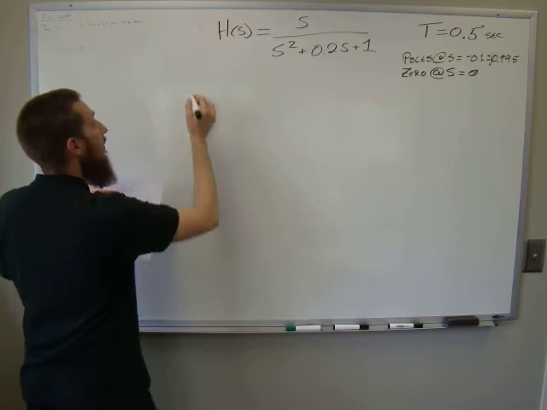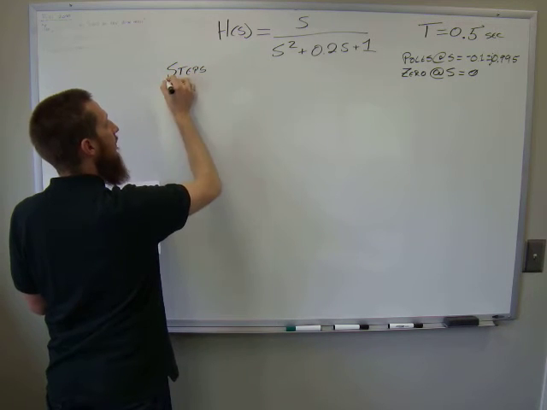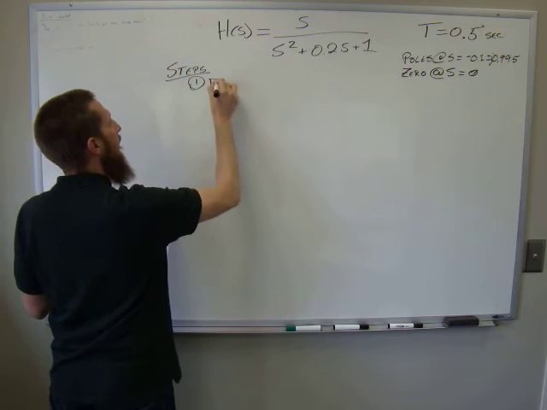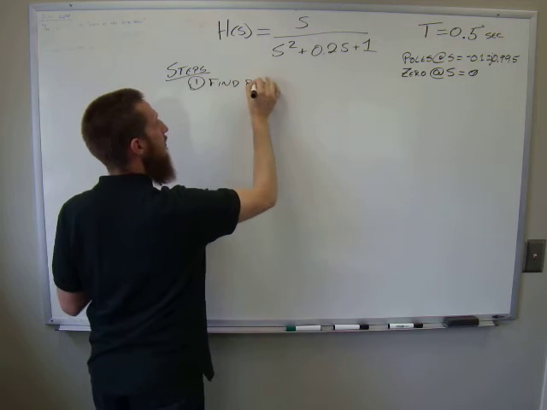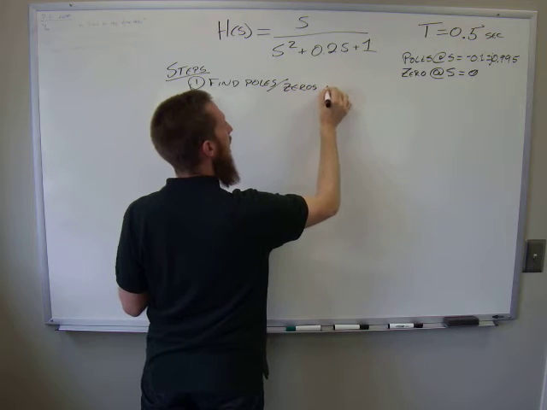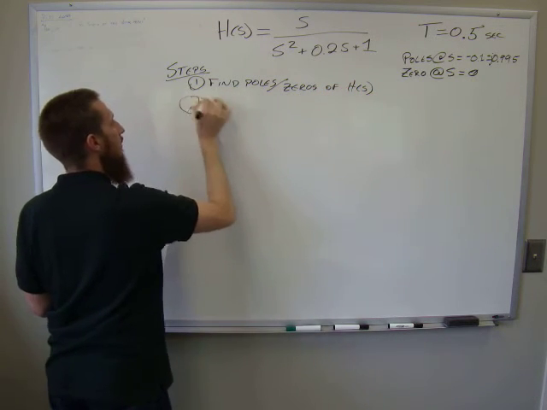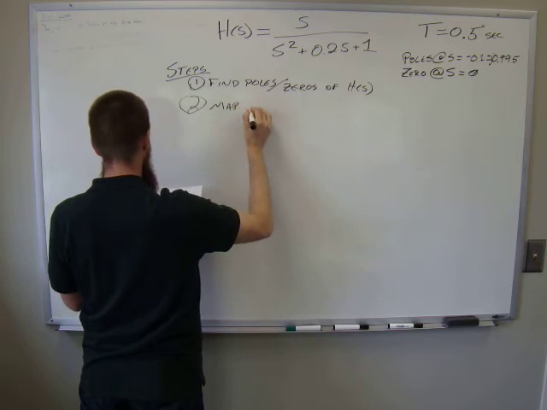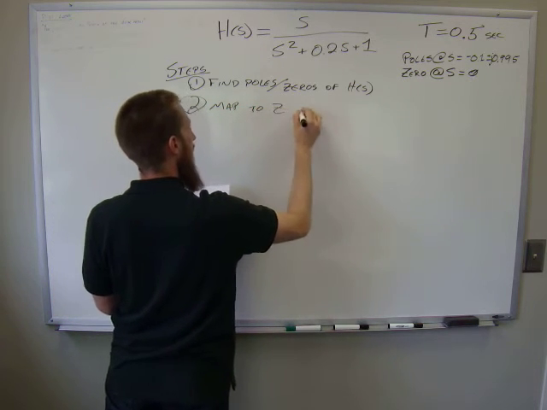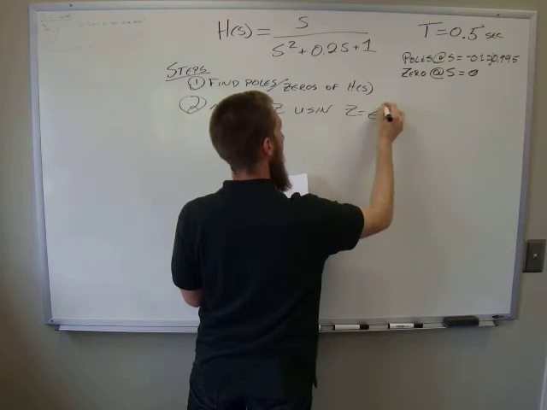Alright, so step 1: find poles, zeros of H of S.